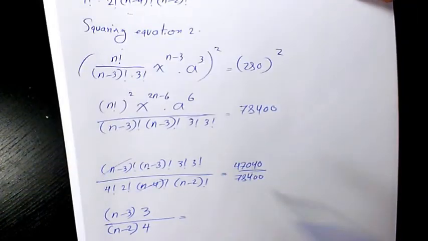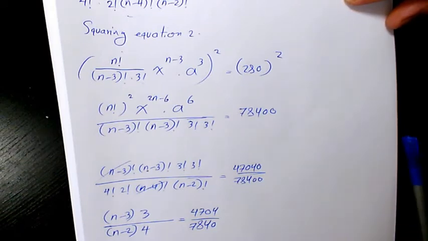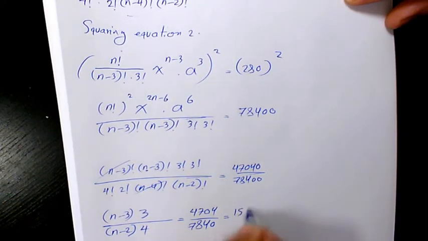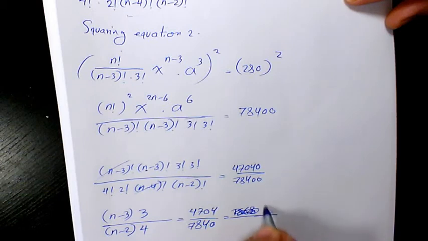And here, let's see how we simplify. It's going to be 47040 over 78400. 4704 divided by 3... Oh, we cannot do it. Divided by 4, that's going to be 1176 over 1960.